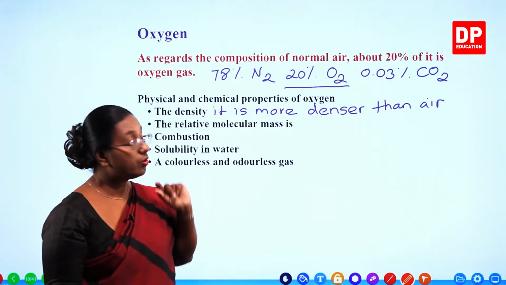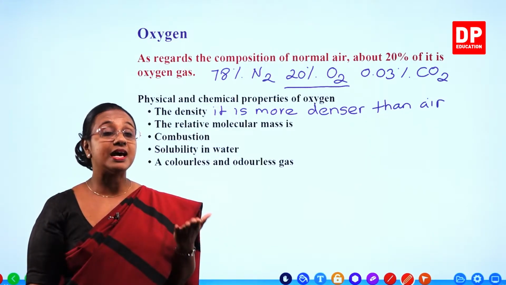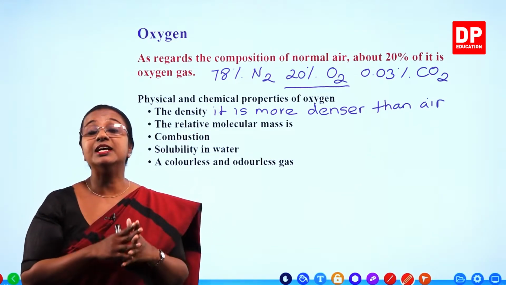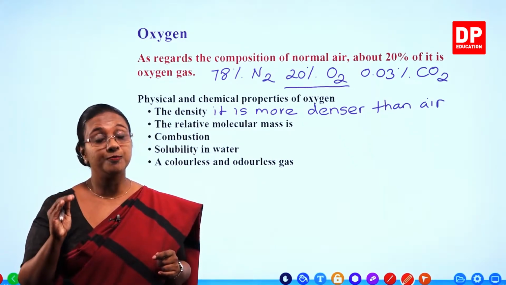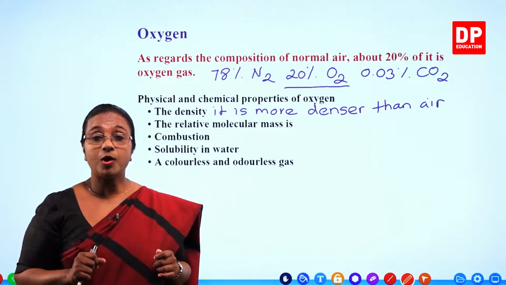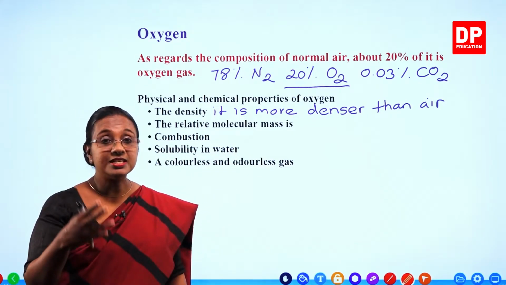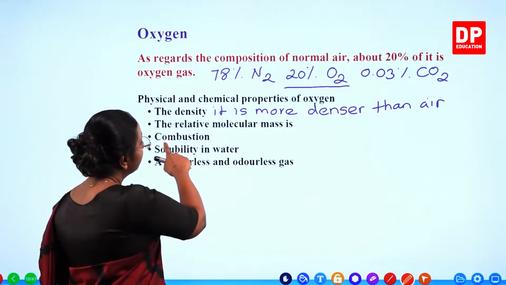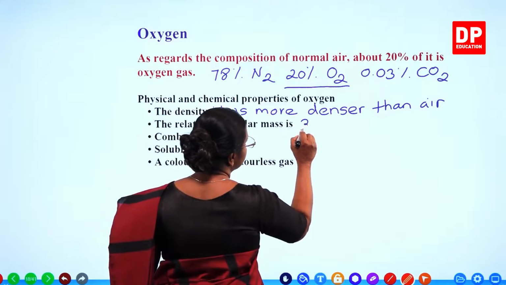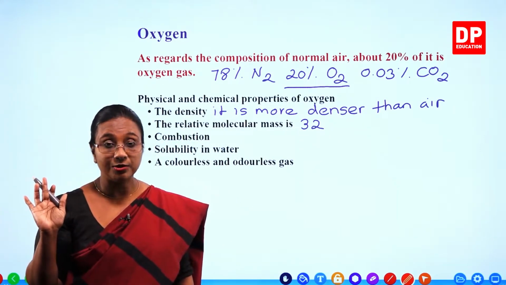So if it is an O2 molecule, a diatomic molecule, you all can remember there is a double bond also between the two oxygen atoms. When it is a diatomic molecule, how do you calculate the relative molecular mass? Oxygen 16 into 2, so that is 32. So relative molecular mass is 32. There is no unit for relative molecular mass.